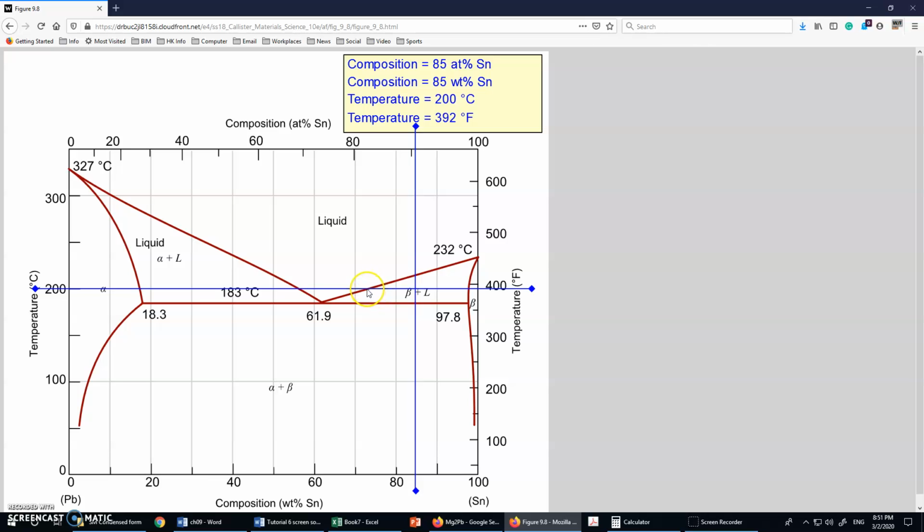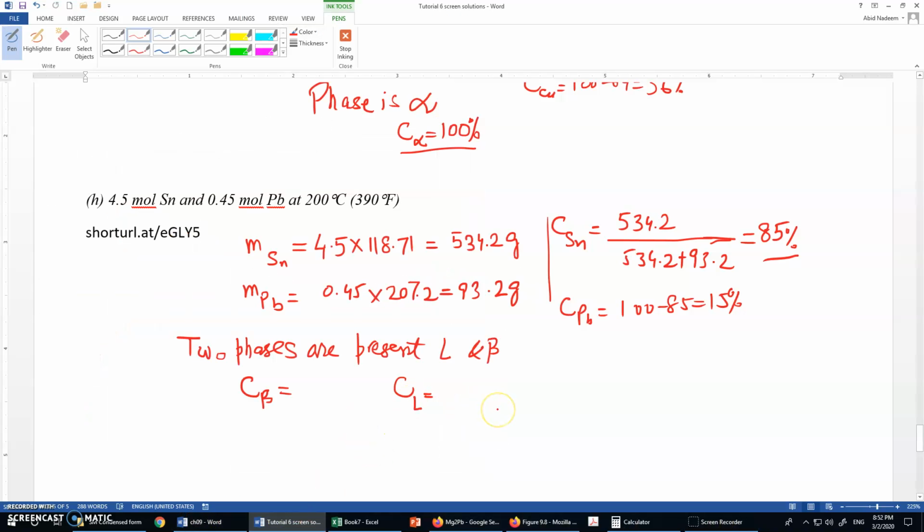Somewhere here is the composition of liquid, around here, which is 74%, and for beta it is somewhere here, which is about 98%. So liquid is 74% and beta is 98%.